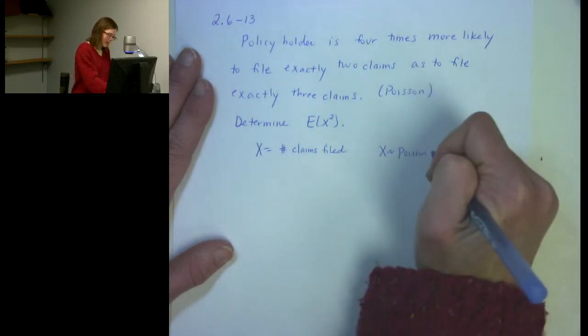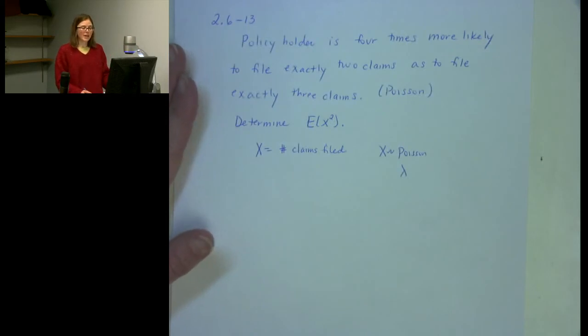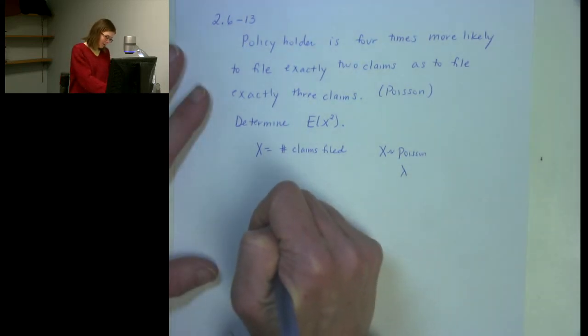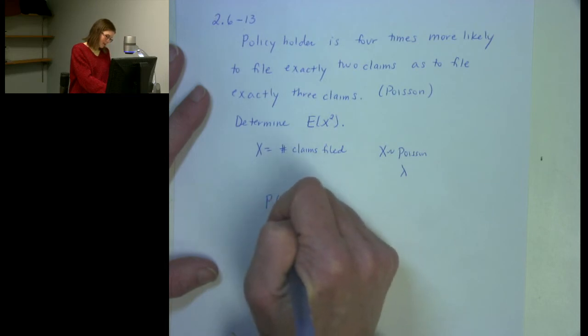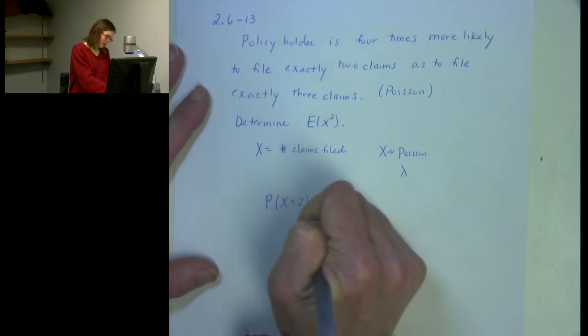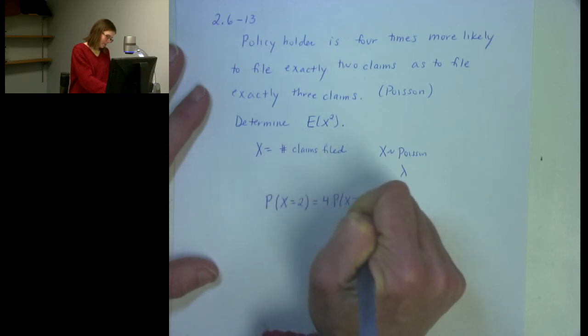A Poisson distribution is characterized by the parameter lambda, which is the average number of claims filed in a unit of time, but we aren't told what the value of lambda is, so we're going to have to figure it out. The way we can do that is by using what we know. We're told that a policyholder is 4 times more likely to file exactly 2 claims as to file exactly 3 claims.